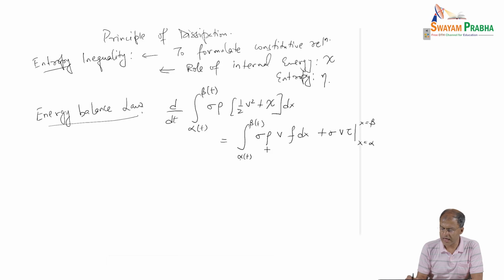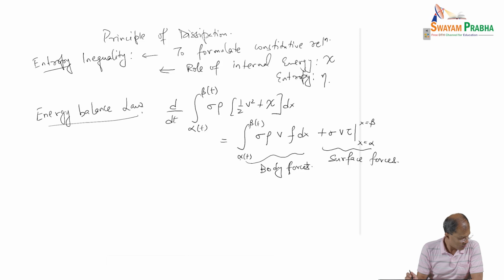This right hand side is derived from the Reynolds transport theorem and Du Bois-Reymond's lemma. The second term on the right hand side is the contribution due to surface forces, and the first term is due to body forces.